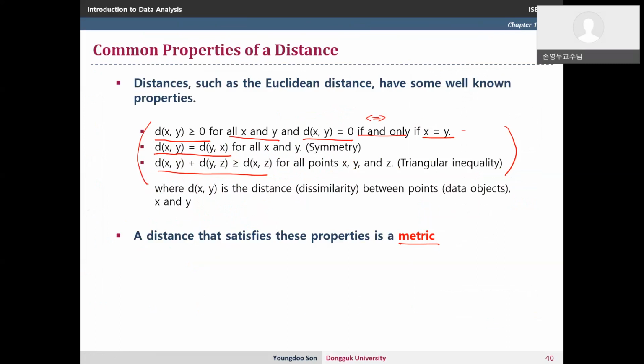And we saw the common properties of a distance. These common properties of distance are really important, and we call a distance function which satisfies these properties a metric or distance metric, or in short, distance.